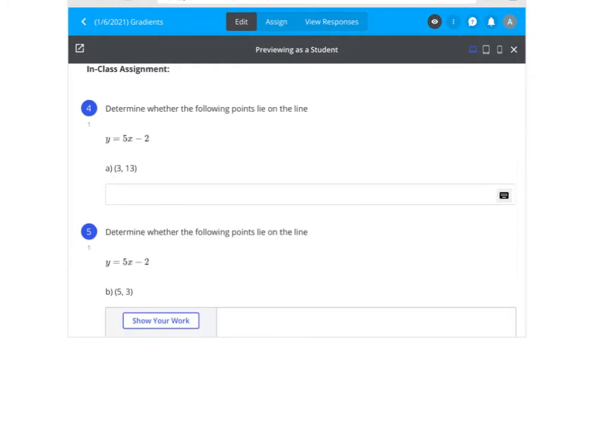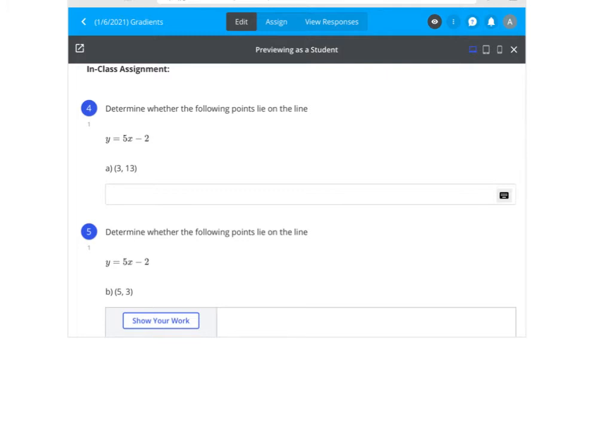All right, so let's start with number 4. Number 4 says determine whether the following point lies on the line, right? And so we have the equation y is equal to 5x minus 2, and we're also given the point 3 and 13. So let me highlight that point.